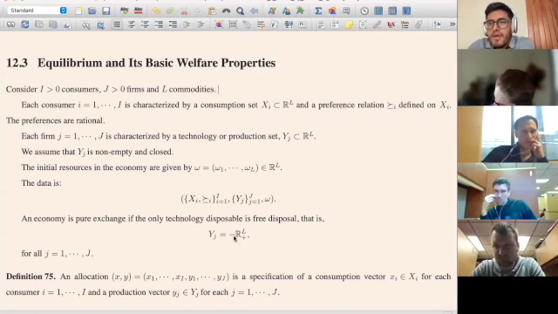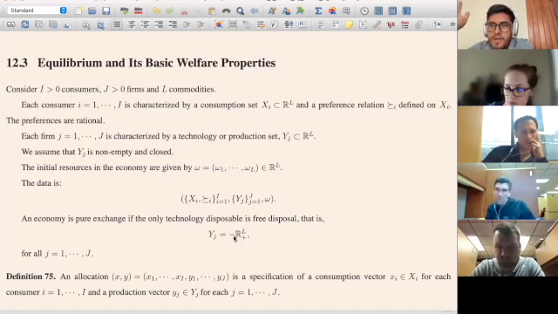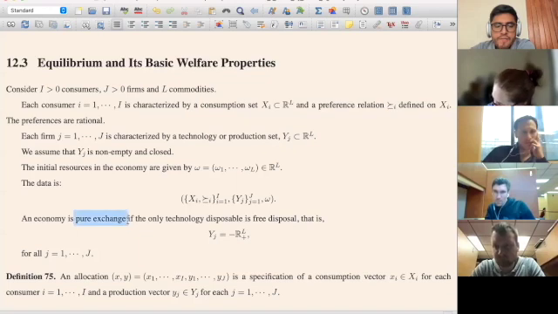And that would be a violation of this free disposal. If you don't have to pay anything to throw away apples, it's free to throw them away. This is called free disposal. So this technology essentially says that you can throw away freely anything that you don't like. Okay, everyone understands that? So when this happens, this is going to be called a pure exchange economy.